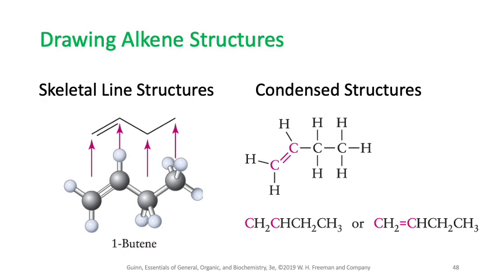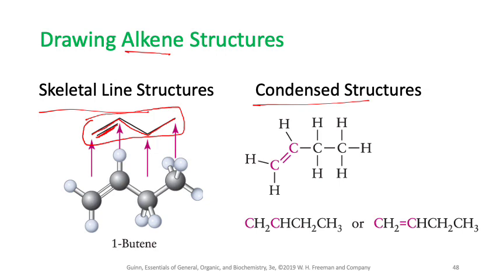Then we can also use a skeleton line structure as well as the condensed structure form to represent an alkene. If we use a line angle formula, as you can see over here, all are single bonds except the one that has one more bond. So this is a double bond.